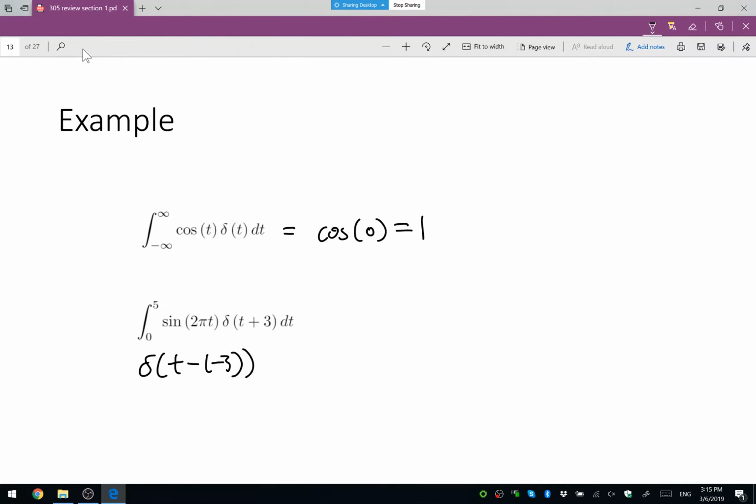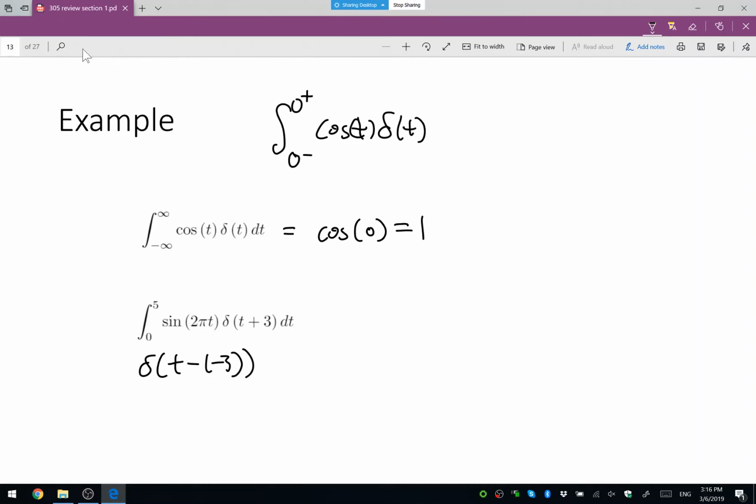Let me try to answer your question first, not with very strict math. Delta(t) is just non-zero at t equals 0, right? So we can write the integral from minus infinity to infinity as the integral from 0 minus to 0 plus, just the left of 0 and just the right of 0, of cosine t delta(t).